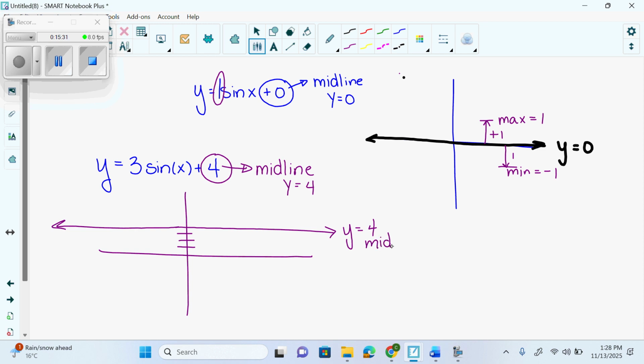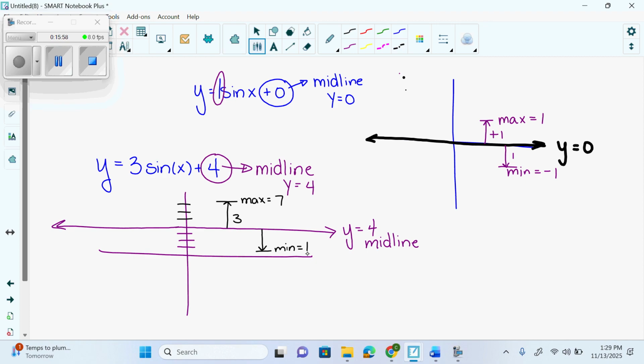What's my amplitude? 3. So if I go up 3, what's my maximum going to be at? And if I go down 3, what's my minimum going to be at? So you can get your min and max as long as you have your d and your amplitude, correct?